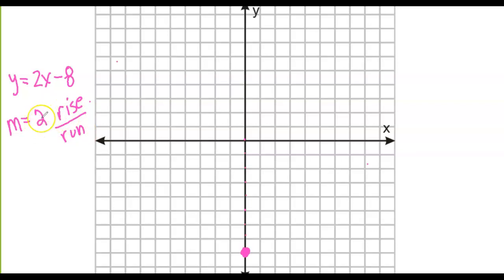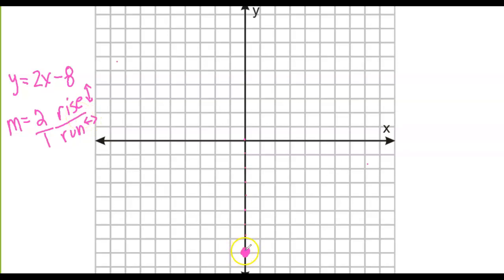Well, if I know my whole number is 2, how can I turn that 2 into a fraction? 2 over 1. Any whole number can be written over 1. So now I have a rise of 2 and a run of 1. Okay? Remember, rise talks about my vertical movement, up or down. Run is my horizontal movement, left or right.